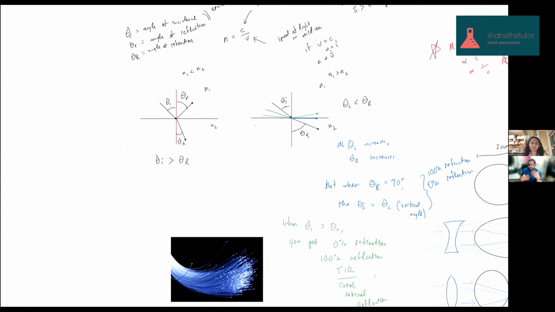But if you go from a more dense medium to a less dense medium, it'll be the opposite. It'll bend away from the normal. If you imagine that going as far as it can go, to 90 degrees bending, that angle of incidence is the critical angle. And if you go beyond that critical angle, it'll start to reflect.